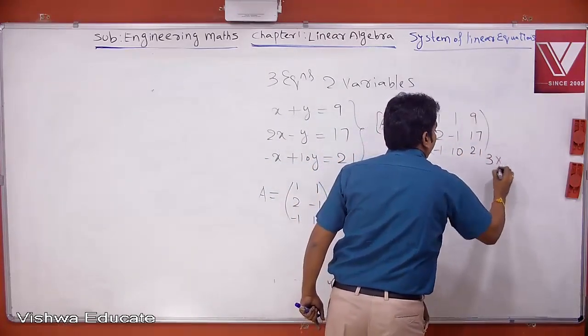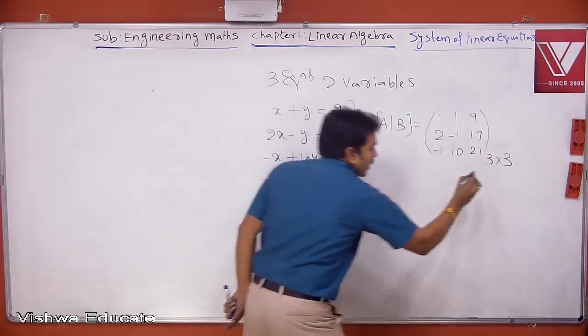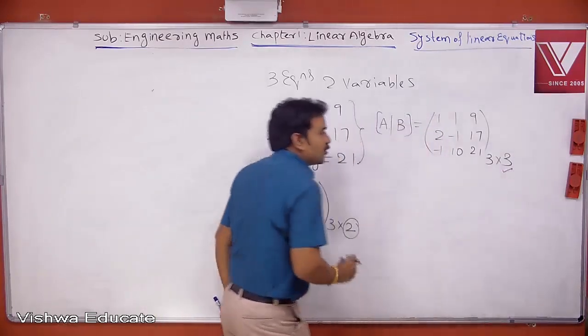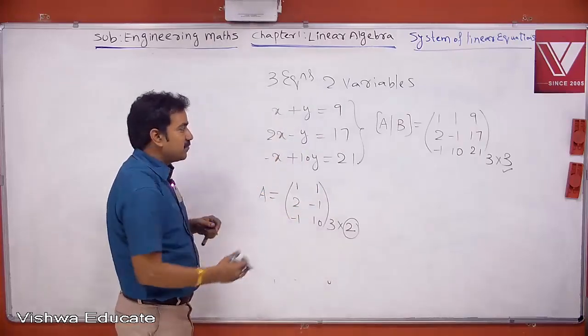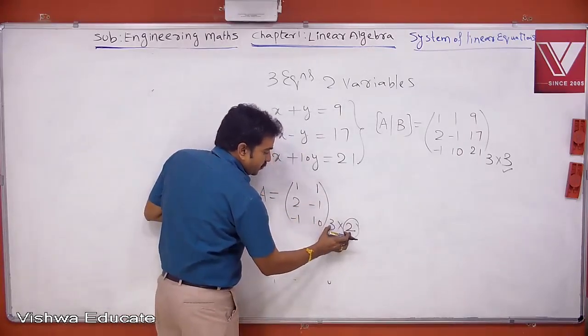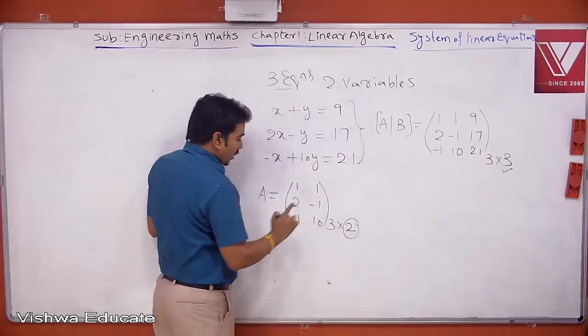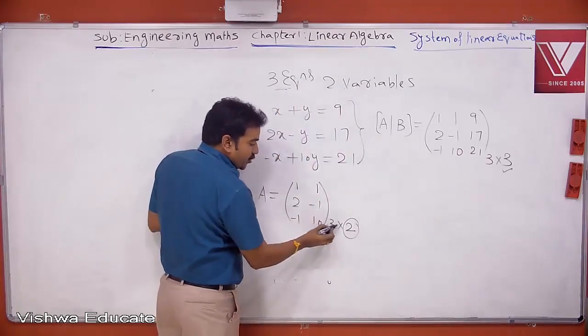Now this is a 3 by 3 matrix. Here the number of columns is 2, and here the number of columns is 3, so one column will be in excess. Now the size of matrix A is 3 by 2, because we have three equations in two variables.